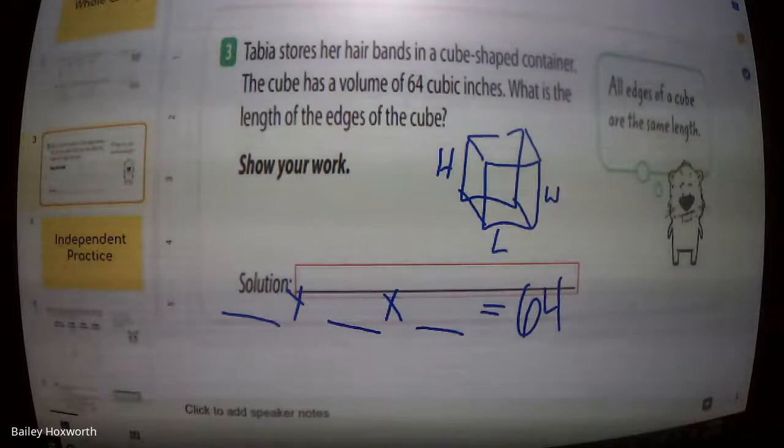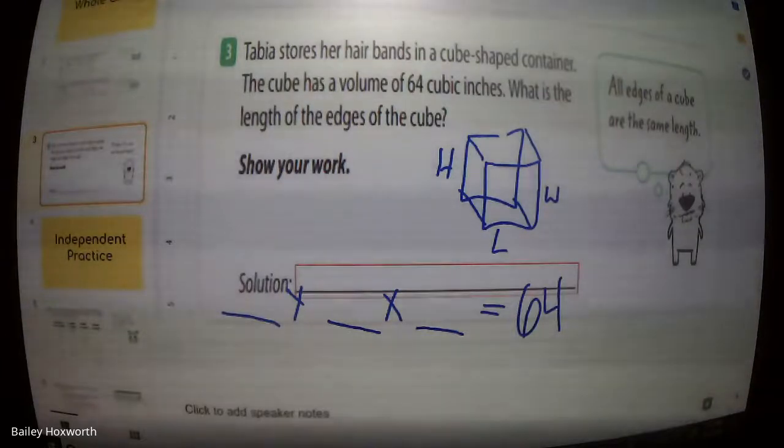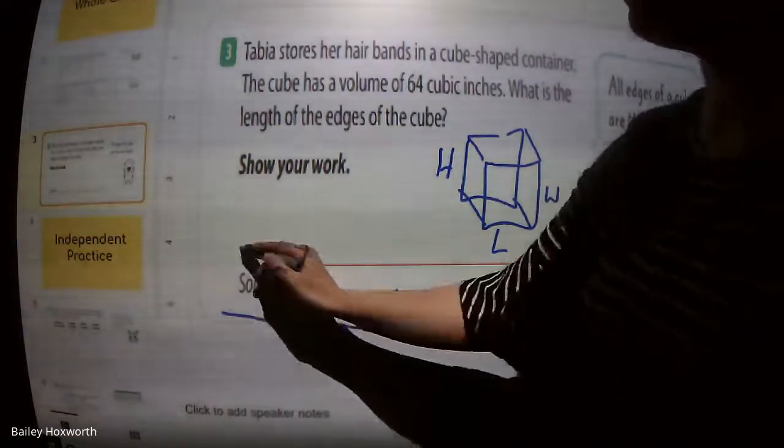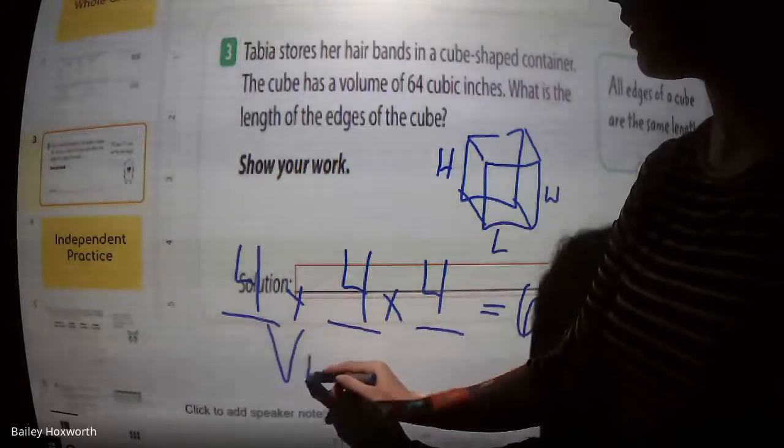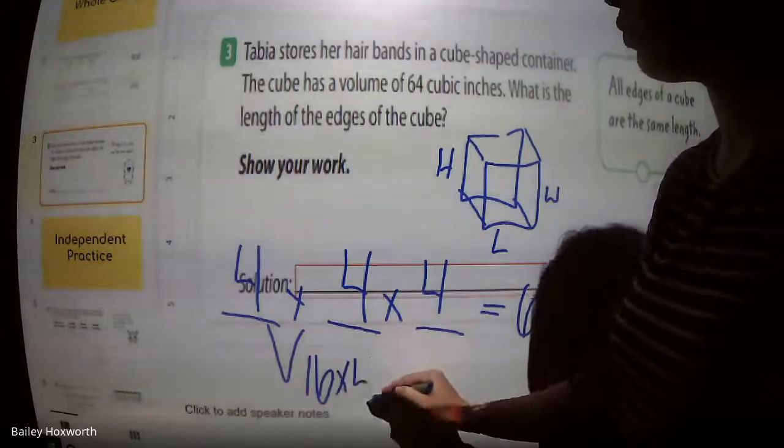If I did 5 times 5, that's 25. 5 times 25 is 125, so that's too big. Let's try 4. I do 4 times 4 times 4. 4 times 4 is 16. What's 16 times 4 equal?